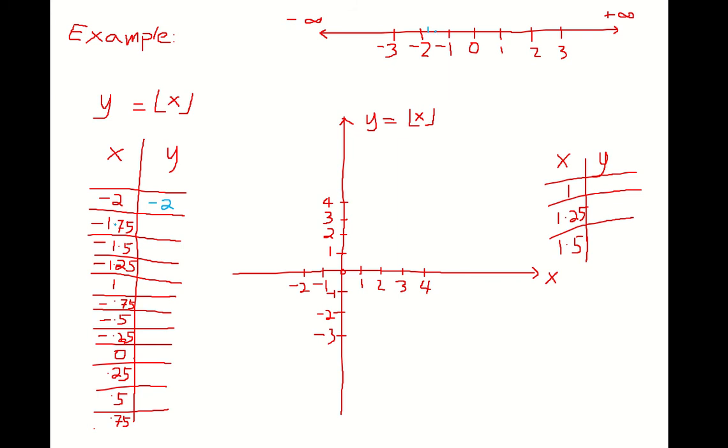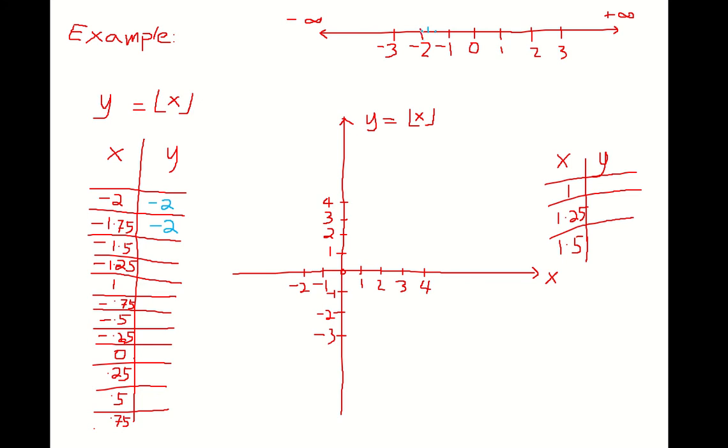So for a negative number, when you round it down using the greatest integer function, this should be negative 2. If you look at the number line once again, this is our negative 1.75 here. When we round this down, it becomes smaller, right?